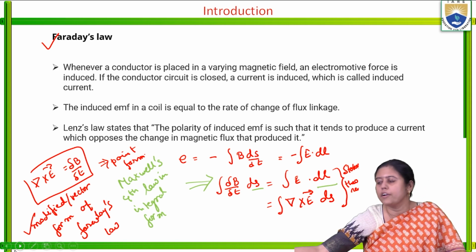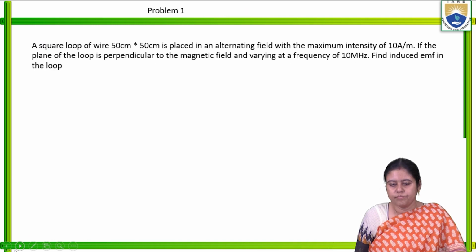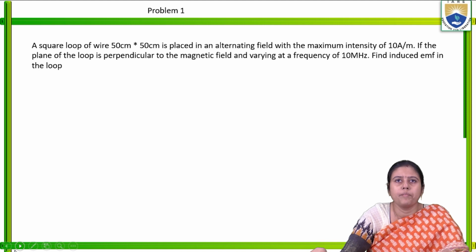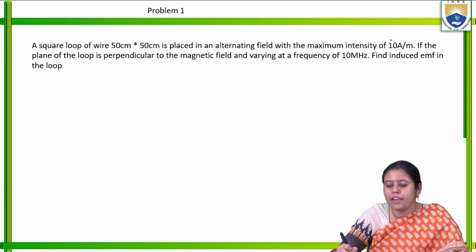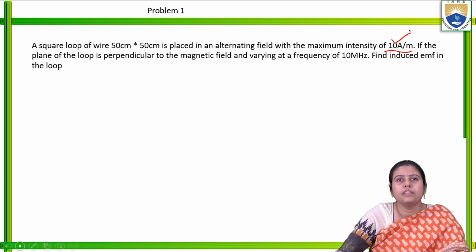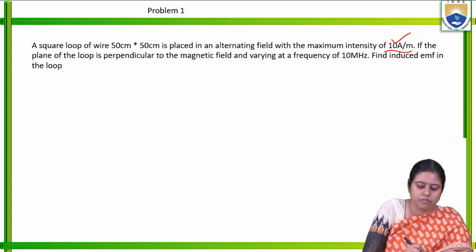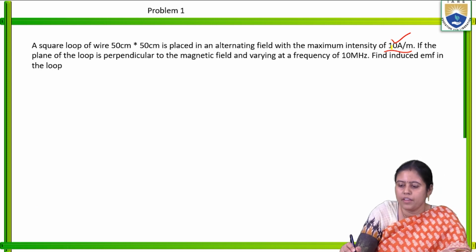So we are moving to our first problem. A square loop of wire 50 cm by 50 cm is in an alternating field with a maximum intensity of 10 ampere per meter.